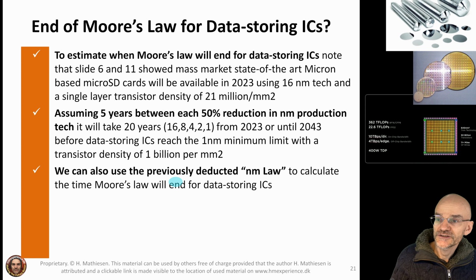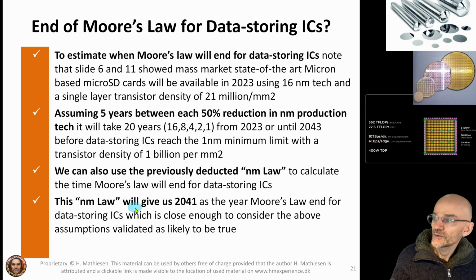We can also use this nanometer law. That's a little more scientific than just assuming it probably takes 5 years to cut the components in data storing ICs by 50%. And this nanometer law actually gave us until 2041 as the year that Moore's law will end for data storing ICs, which is really very close to this. It will be reduced by 50% every 5 years from now on.